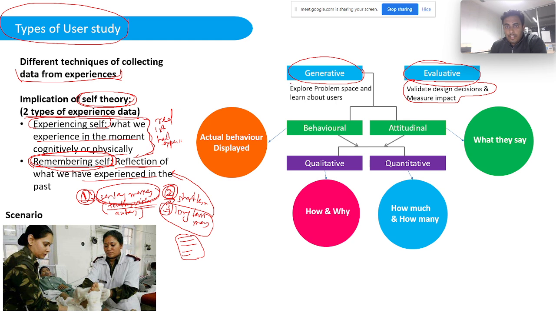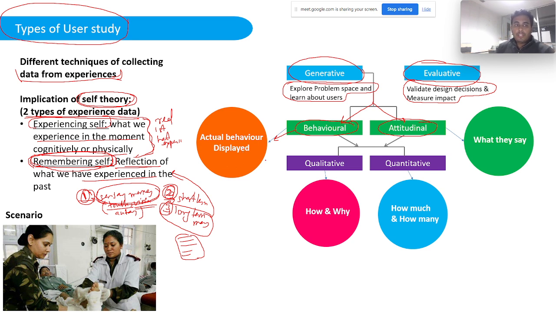Generative user study is mainly concerned with exploring the problem space and learning about users and stakeholders. A generative user study can be divided into two types. One is behavioral, the other is attitudinal. A behavioral study is one where we observe user behavior while the user performs certain activities.